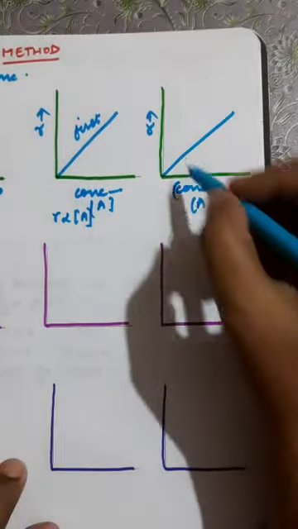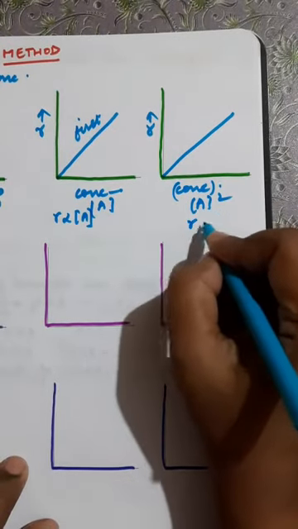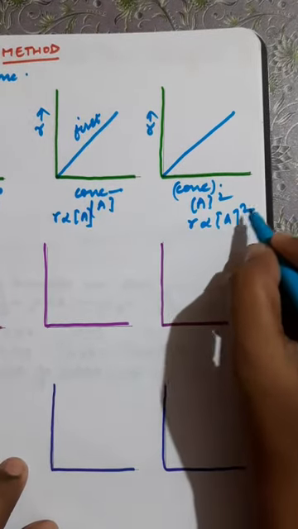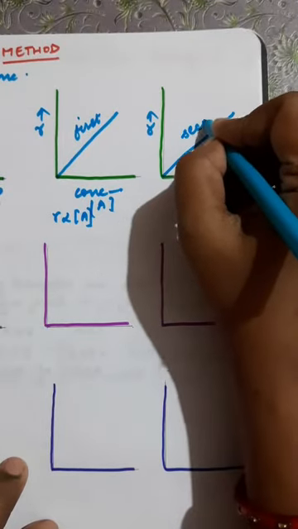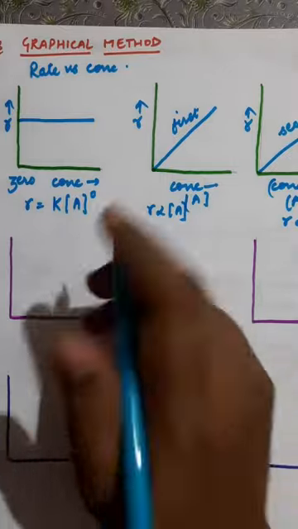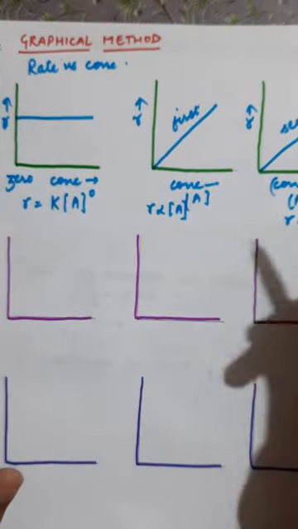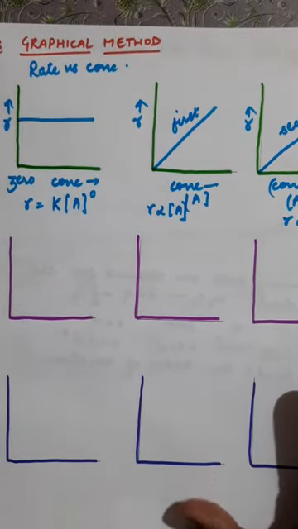Third one, a straight line is obtained, rate is proportional to A to the power 2. That means it is proportional to the second power of the concentration. So it is a graph for second order reaction. So we can find out the order of the reaction by looking at the graphs. Each of these has a different graph for rate versus concentration.